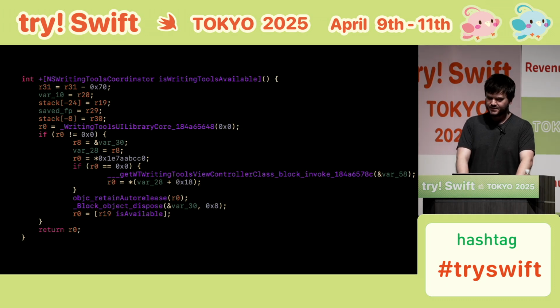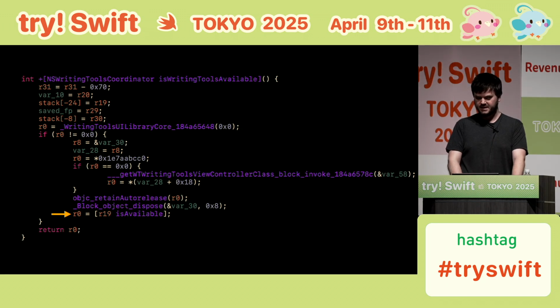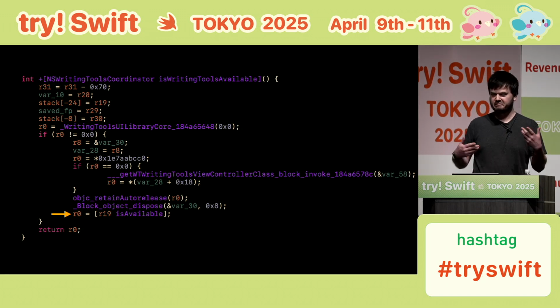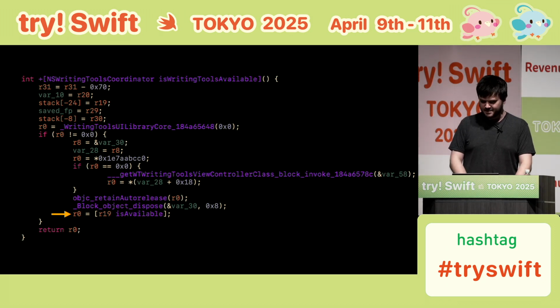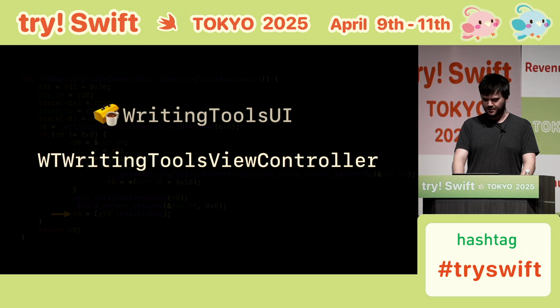Back to isWritingToolsAvailable, we can see that it eventually calls an Objective-C method called isAvailable on something. And given what we've seen so far, it seems pretty logical that this something is the WT Writing Tools View Controller class, and that this class is in a library named Writing Tools UI.